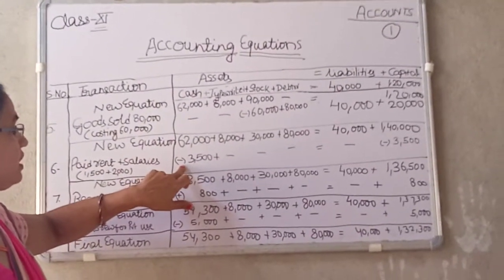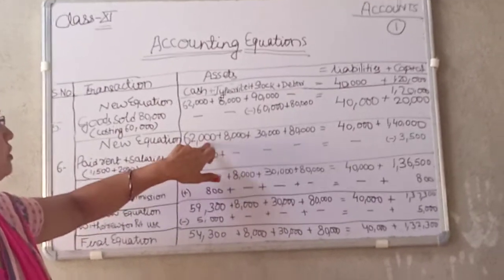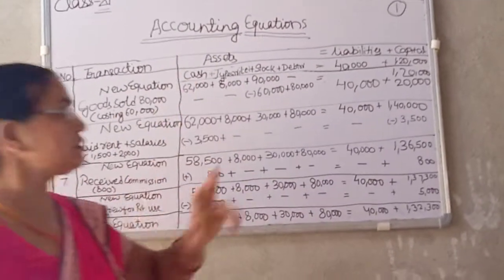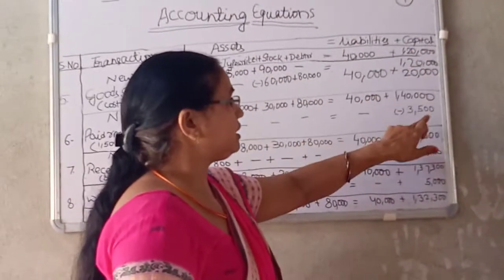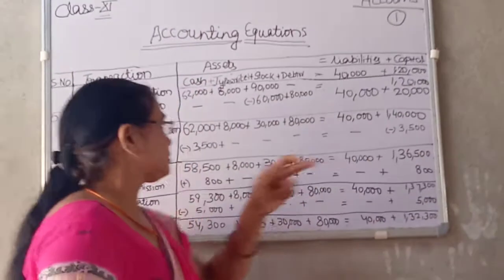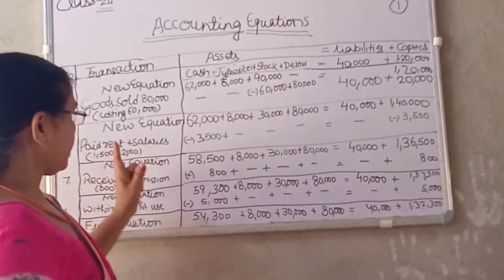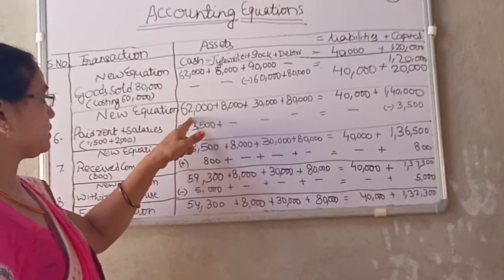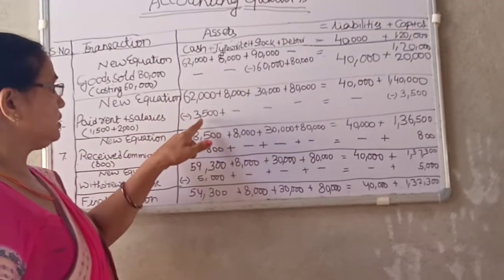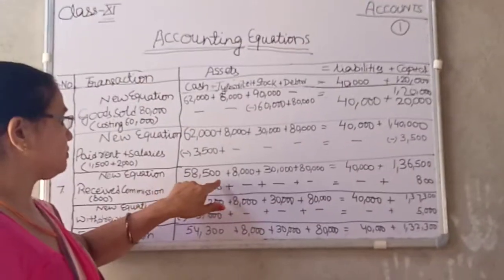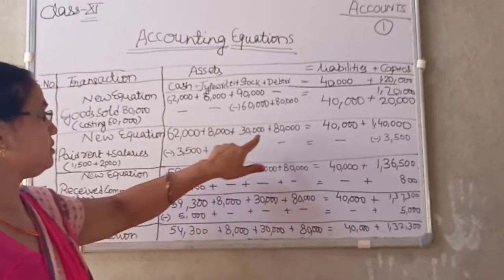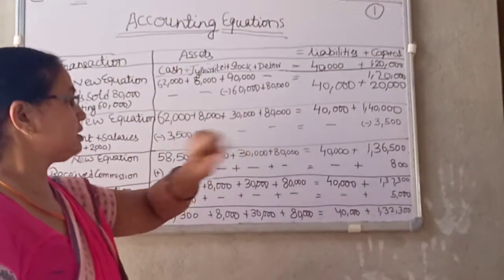So we will deduct 3,500 from the cash, as well as this is an expense, so it will be deducted from the capital also. Now our new equation will be 62,000 minus 3,500, that is 58,500, 8,000, 30,000 and 80,000.